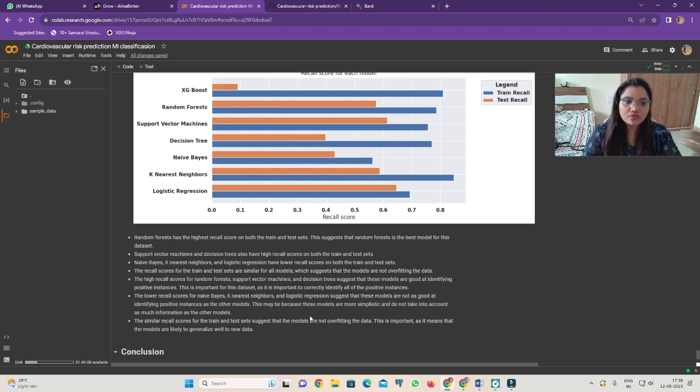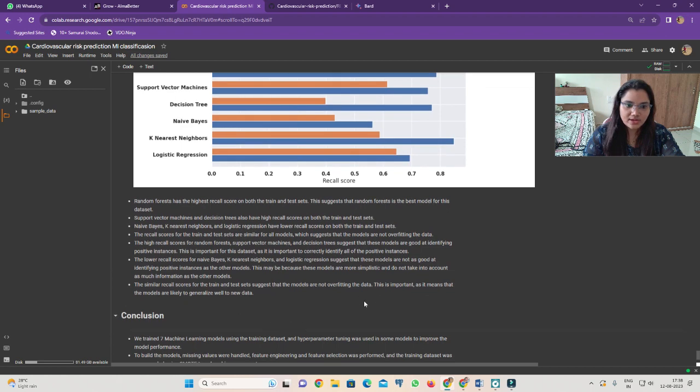The recall score for the train and test is similar for the model, which suggests the models are not overfitting the data. The higher recall score of the random forest, support vector machine and decision tree suggests these models are good for identifying positive instances. This is important for the data set, and it is important to correctly identify all the positive instances.